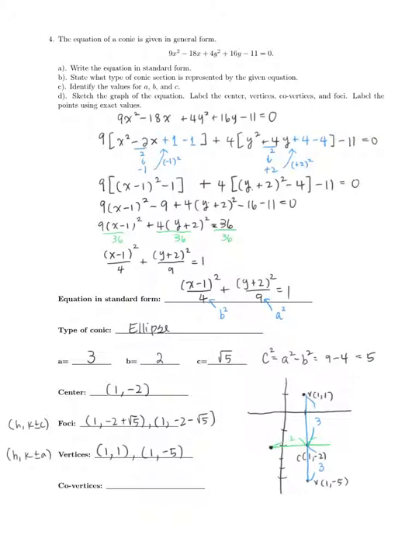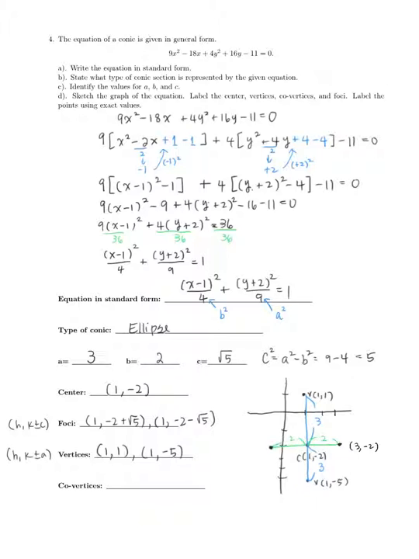Let me go 2 units that way. Does that look even? Okay. If I go 2 units from here to here, this point is going to be (3, negative 2).